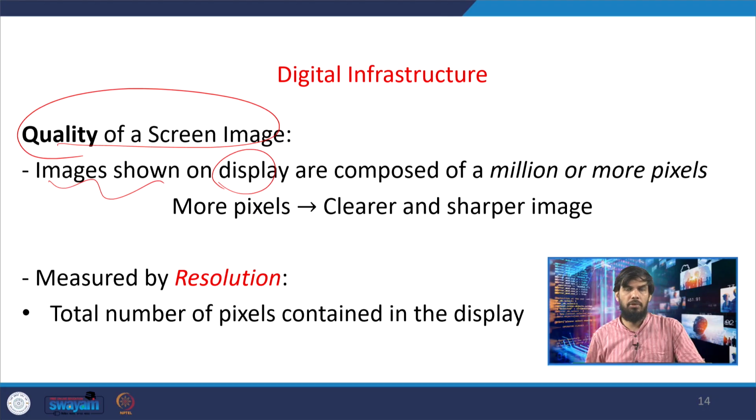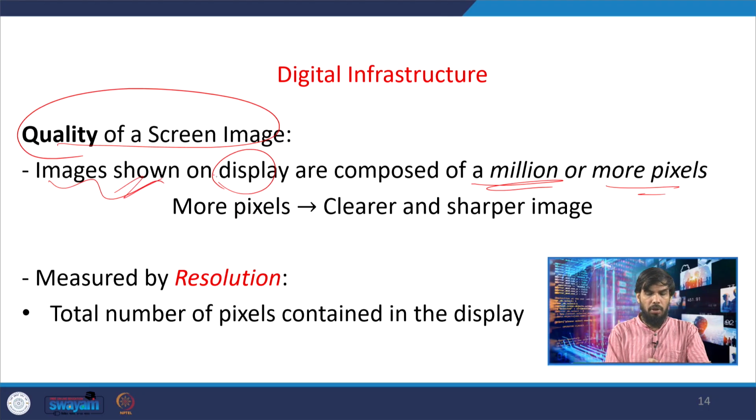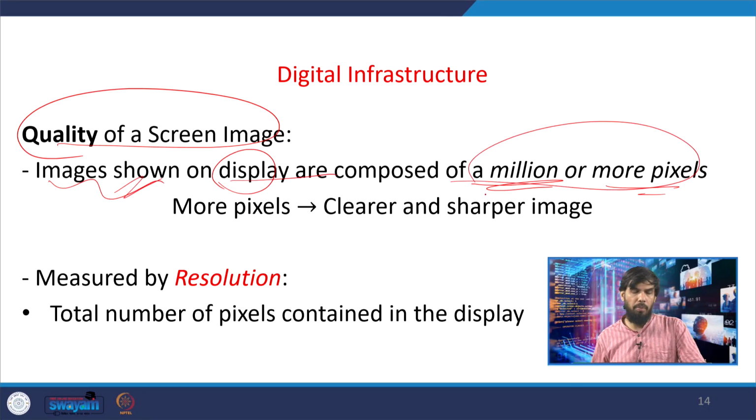There would be height and width options, and most of those numbers will be more than 1000 cross 1000. Essentially, if you multiply those, it is a million or more pixels. Those kinds of options we get nowadays in recent screens, right, displays. So, images shown on a display are composed of a million or more pixels.